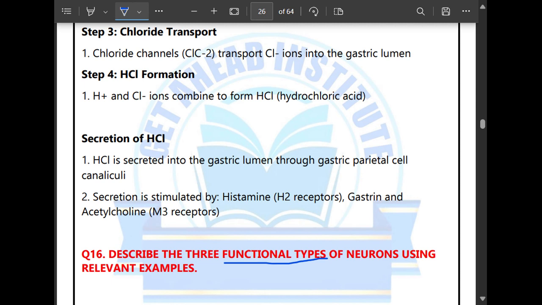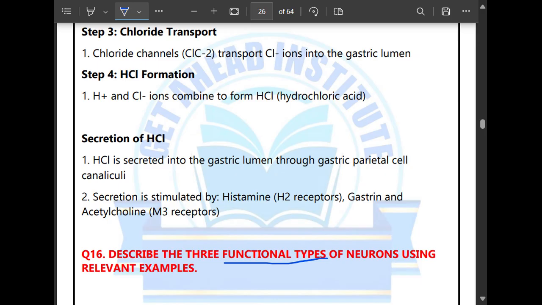Okay, Sialuya and Muchimba have given us sensory, motor, intermediate. So all of them have given us the same answers. Thank you, Muchimba and Sialuya.